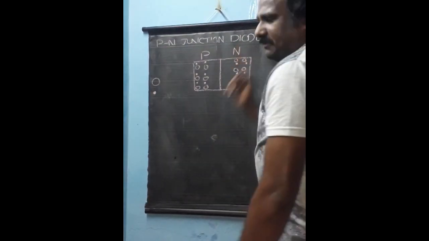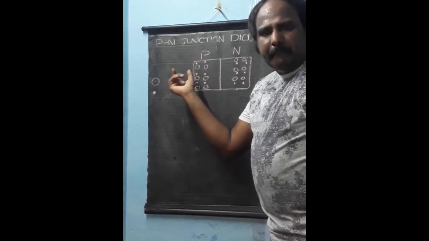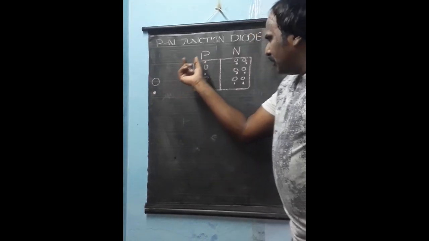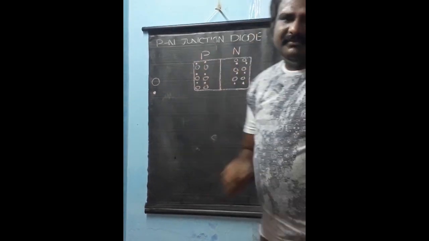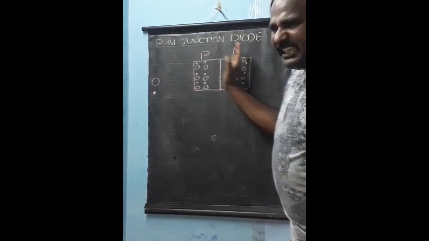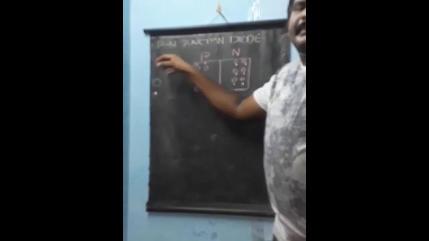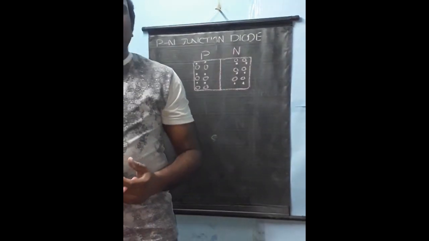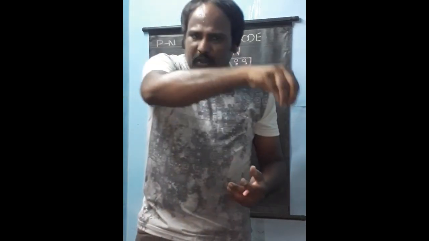So what happened here? The holes from the P region diffuse into the N region, and the electrons from the N region diffuse into the P region. Diffusion means moving from higher concentration region to lower concentration region. That is the perfect definition for diffusion, which is applicable for gases.